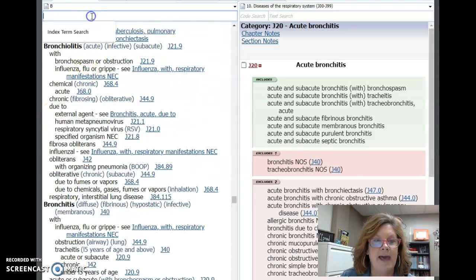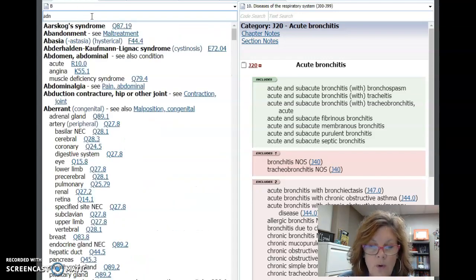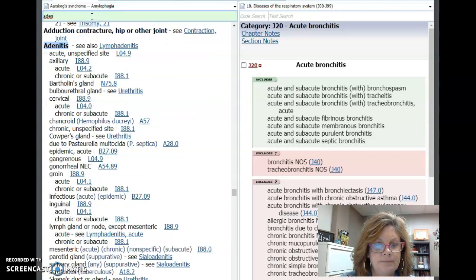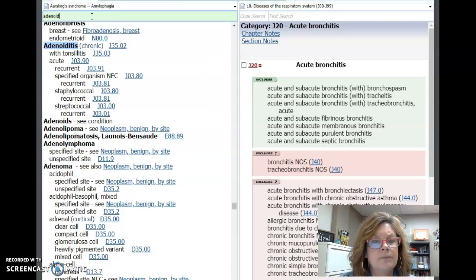All right, let's go to adenoiditis. If you need to pause the tape, go ahead. All right, so I have adenoiditis. I have acute and chronic adenoiditis. Look at it, it says chronic in parentheses, but I need acute too.